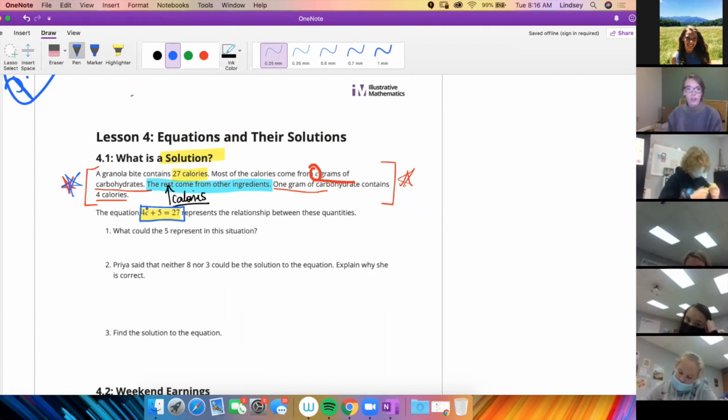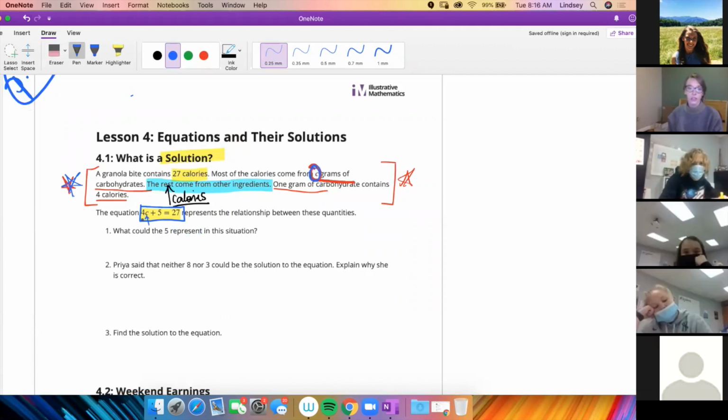When it talks about that 4C, what did the C stand for? Not calories. Grams of carbohydrates. And then the 4 represented what? 1 gram of carbohydrates contains 4 calories.